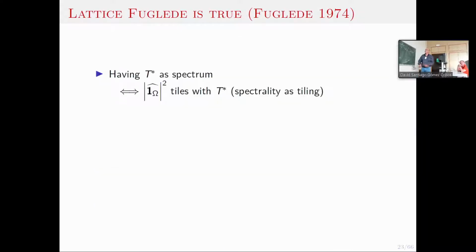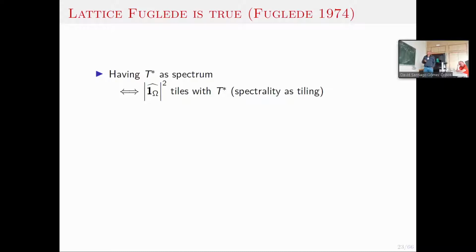Okay? So let's see how the proof goes. Let's start from the spectrum side, and we go with equivalences to the tiling side. So let's assume we have T star as a spectrum. Meaning what? According to our interpretation of spectrality as a tiling condition, it means that the power spectrum of omega tiles with T star at whatever level it has to tile.